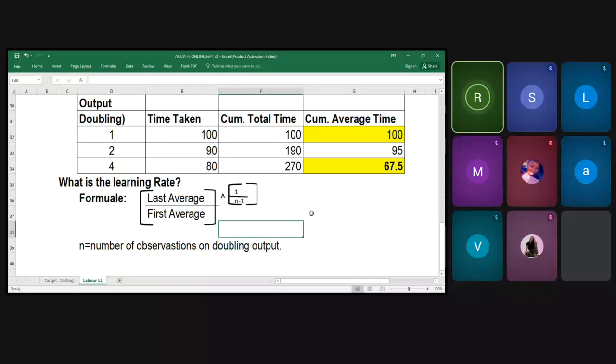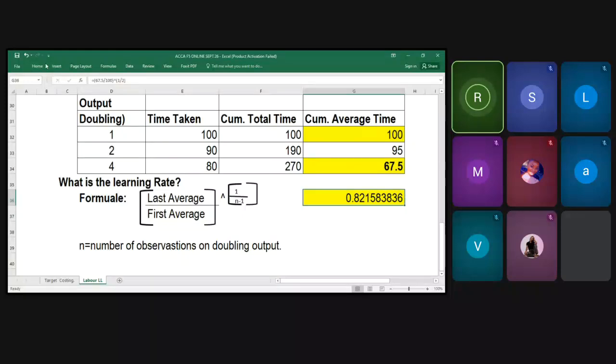Can we calculate together? Let's calculate together. I'm going to make use of this highlighted area here to calculate the learning rate. Equals open bracket last average, 67.5, divided by first average, 100, close, to the power open bracket 1 divided by the number of observations, 3 minus 1, 2, to the power 2, close, enter.